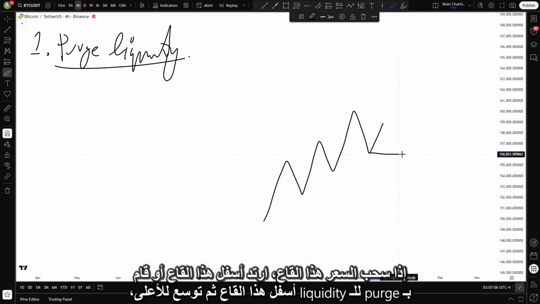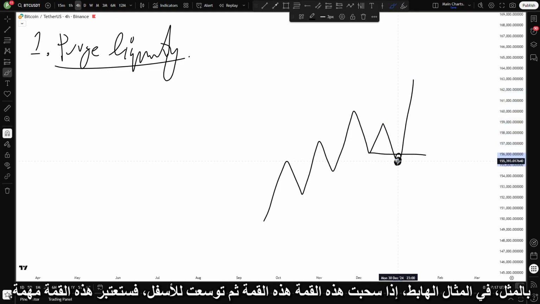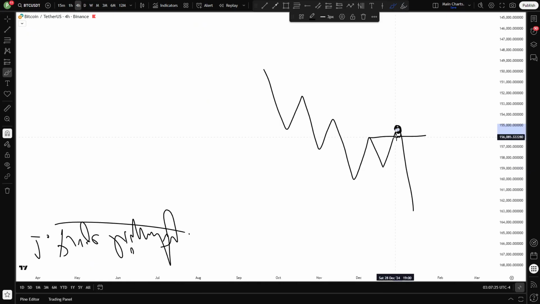If price takes out this low, rejects below this low, or purges liquidity below this low, and then it expands higher, this low would be considered a significant one. Similarly, in a bearish example, if this high takes out this high and then it expands lower, this high would be considered a significant one.